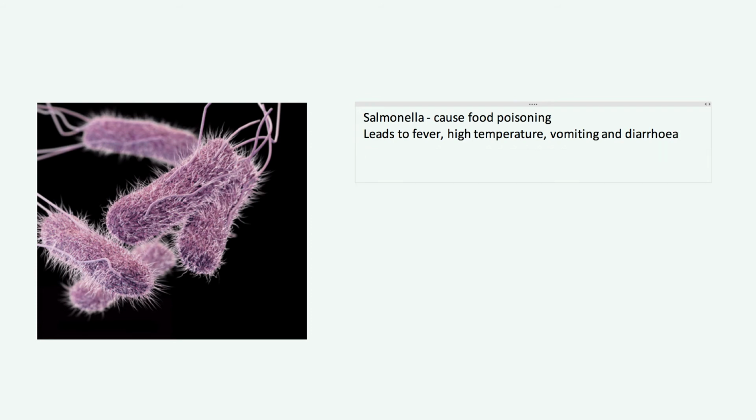All right, the way that this bacteria is spread is through food. So the bacteria is spread by eating food which is contaminated with the Salmonella bacteria.